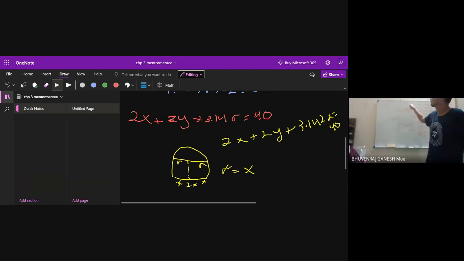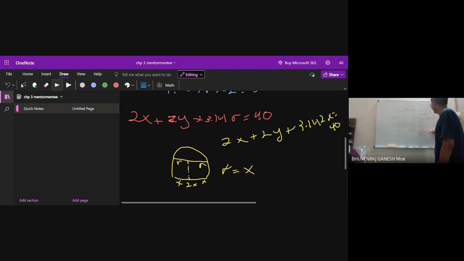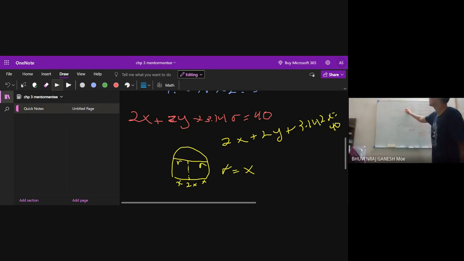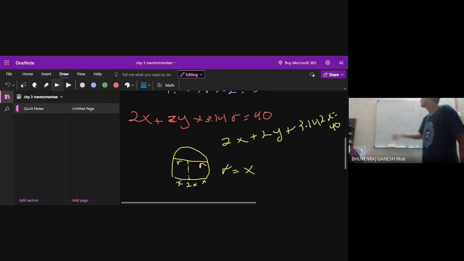Because you are considering the whole semicircle, not divided into two yet. 180, yes, correct. It's a straight line. This one's angle of half rotation means you just take 180 degrees. Because if you cut into two only, then you get 90 here. One whole semicircle like this is always 180 because it's a straight line.